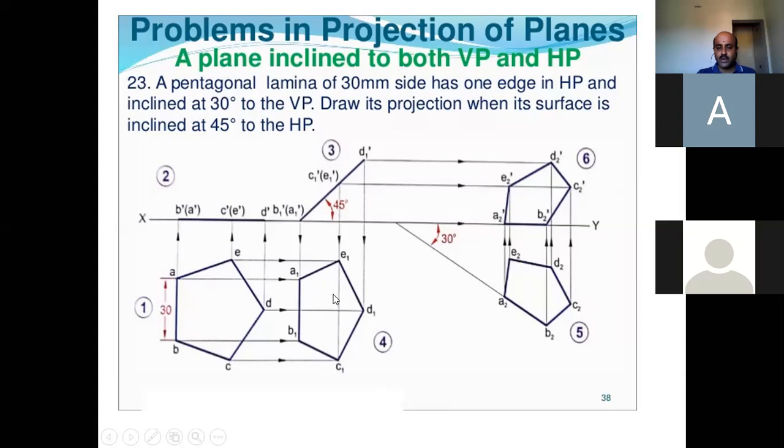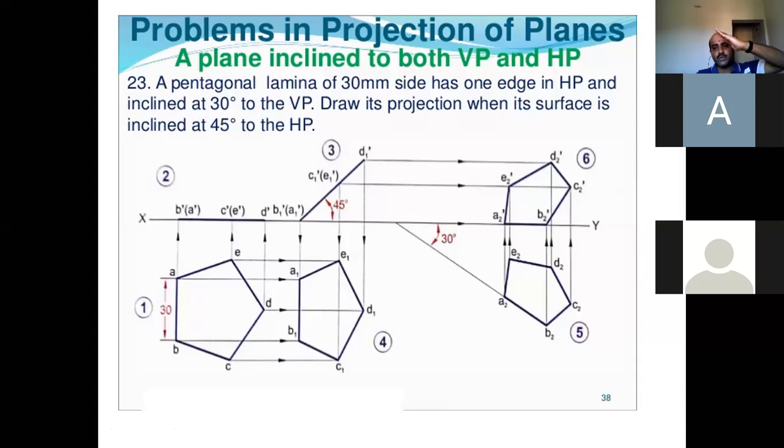When you compare this pentagon and this pentagon, just look at these two pentagons. This is the true shape of a pentagon, and this is the diminished shape of a pentagon. The reason for this diminution is that the surface of the lamina has been inclined at 45 degrees to HP. Initially it was like this, so you can see the true shape. Now it is inclined.